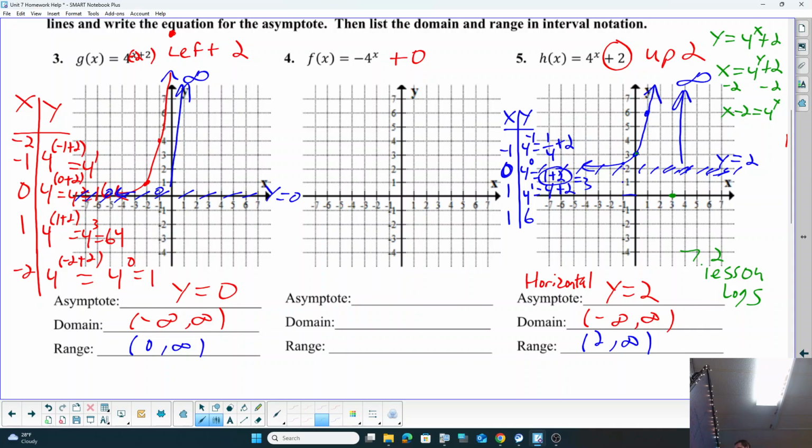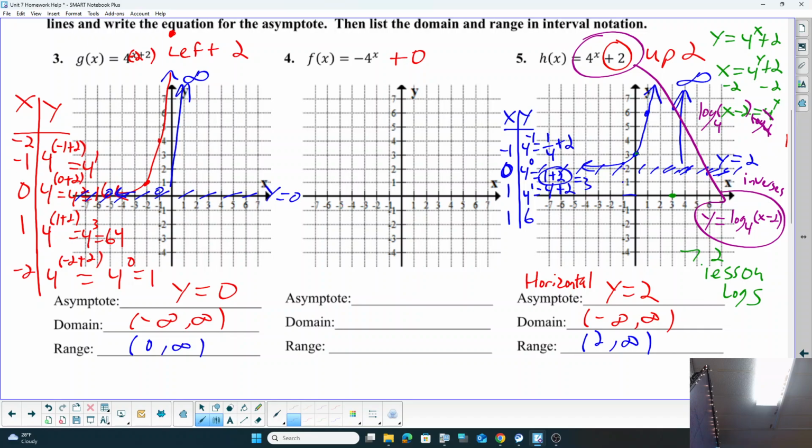This is just showing you today's lesson. So you're going to log base 4, log base 4. And so now we have that equation, which is y equals log base 4 of x minus 2. These two are like inverses of each other.